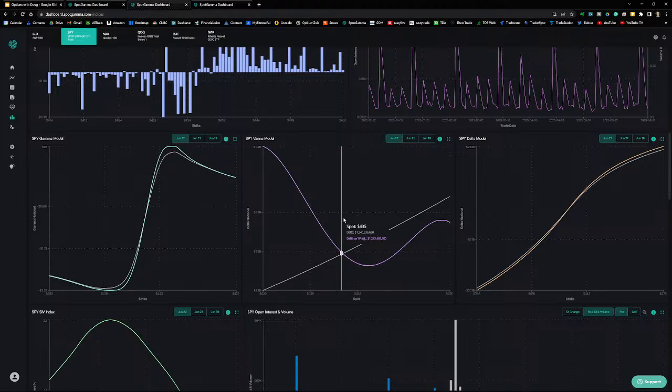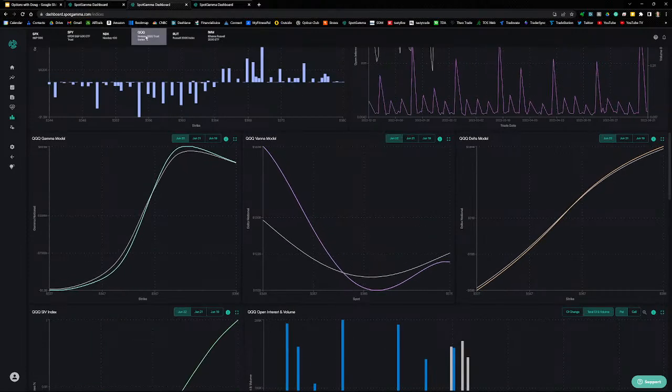This is showing that as price increases, market makers' delta notional will decrease, and they can buy back some of their short futures. On the other hand, if price decreases, they will have to sell futures to hedge their delta exposure. So right now, market makers' position on the gamma curve is negative for SPY. That means that traders are long puts, market makers are short puts. And as price increases, those puts will lose value, market makers' delta notional will decrease, and they can buy back short futures.